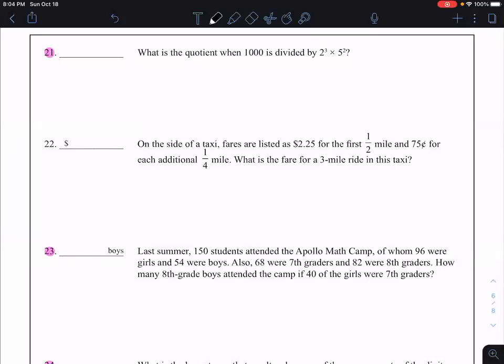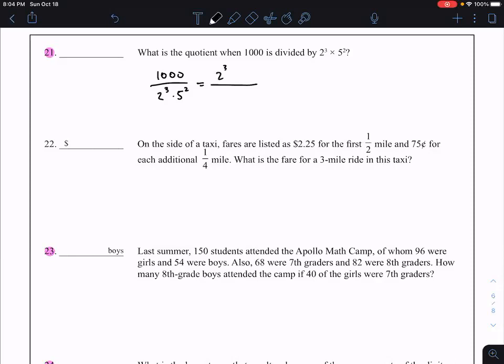Okay, 21. What is the quotient? So first, let's just put this in a fraction. And then we're gonna write out the prime factorization of 1000.